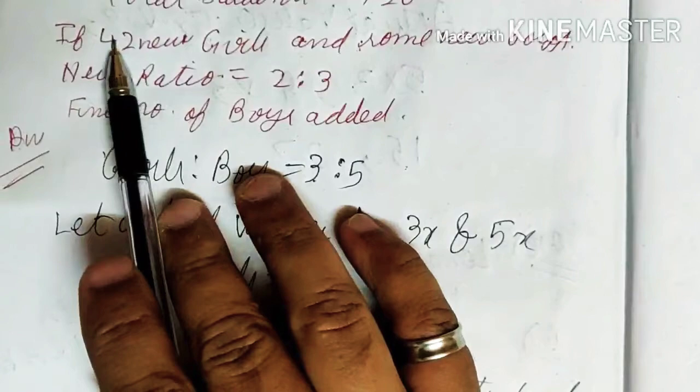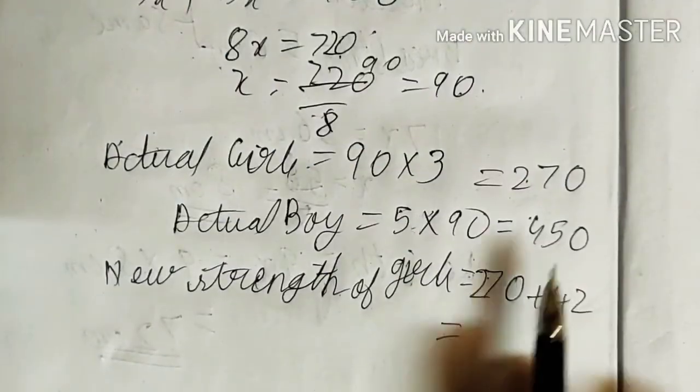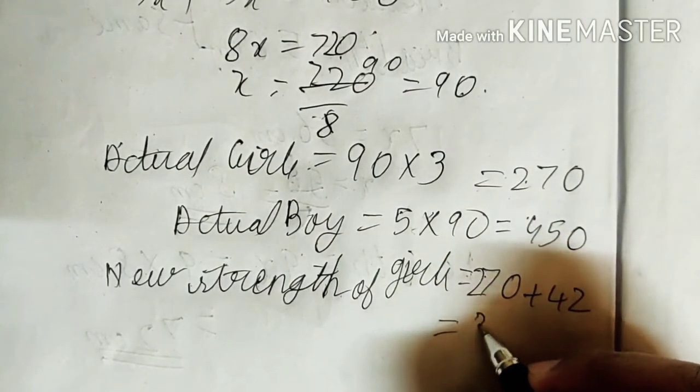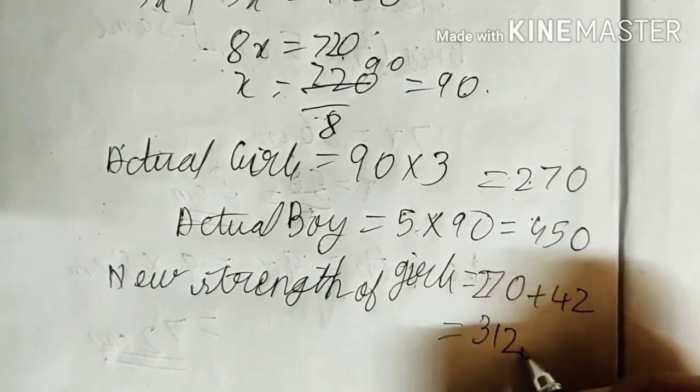Some girls were added, and 42 was the added number of girls. So new girls admitted were 42. So the new strength of girls becomes 270 plus 42, that is 312.